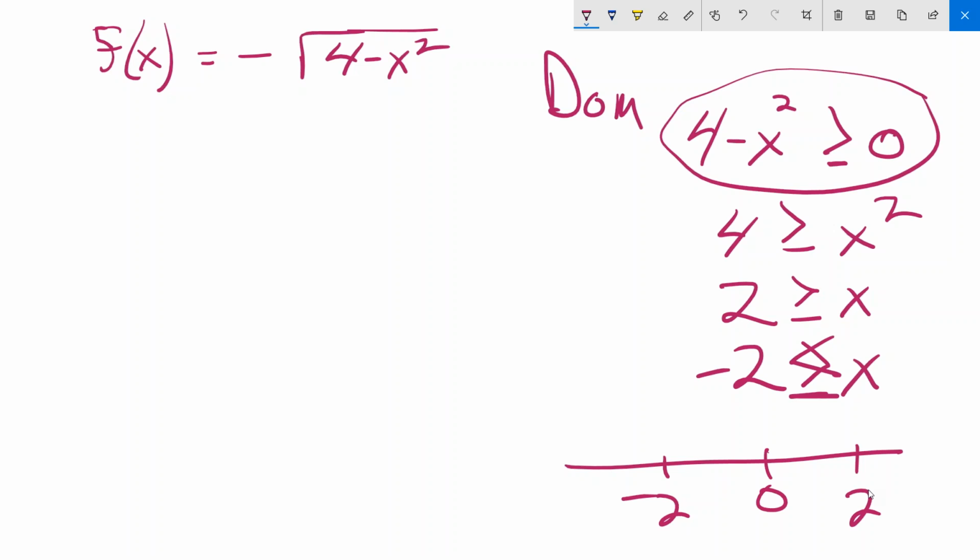If x were minus 3, it's not going to work. And if x were positive 3, it's not going to work. So x has to be in that interval right there.